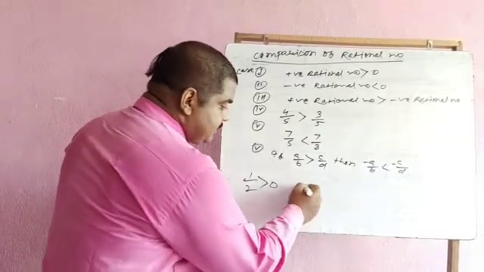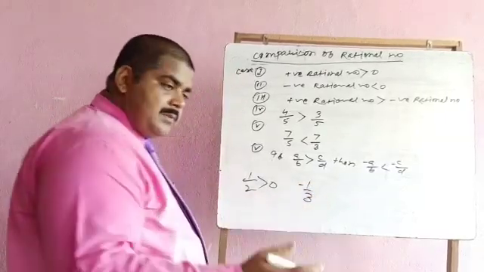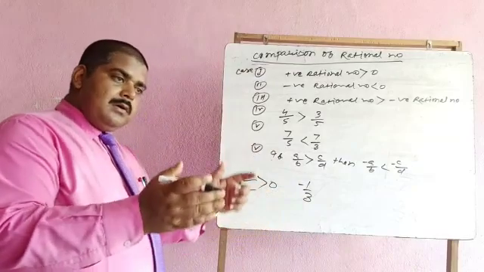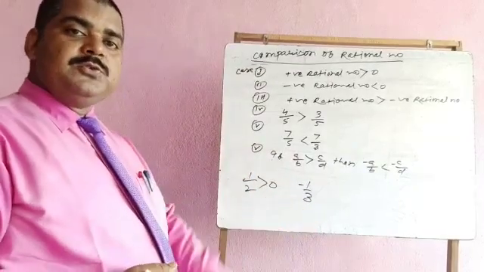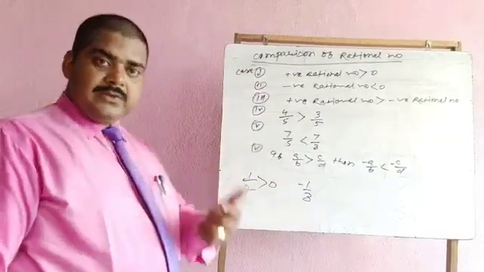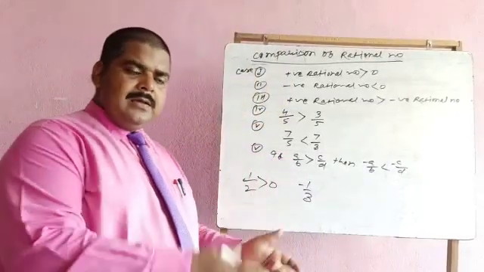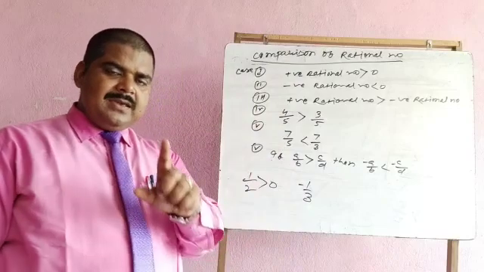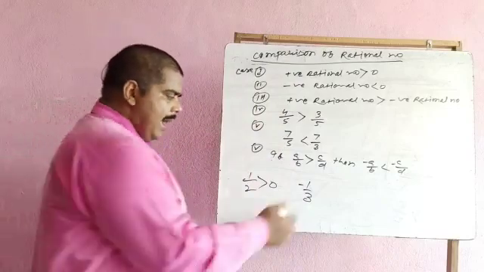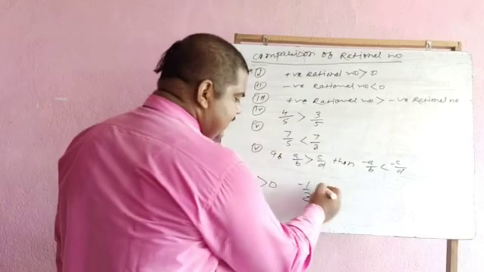Regarding negative rationals, minus 1 upon 3 is located on the left side of 0. Any number located on the left side of 0 must be less than 0, so all negative rationals are less than 0.